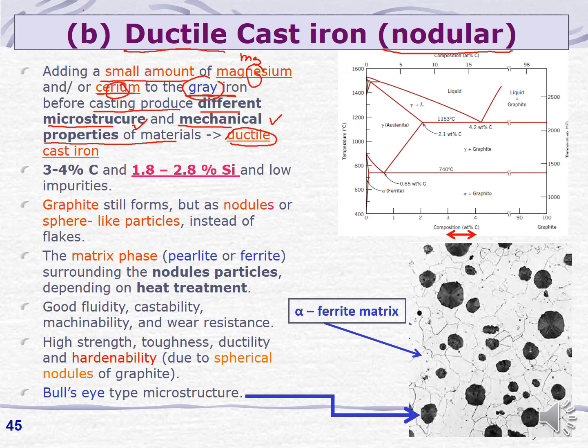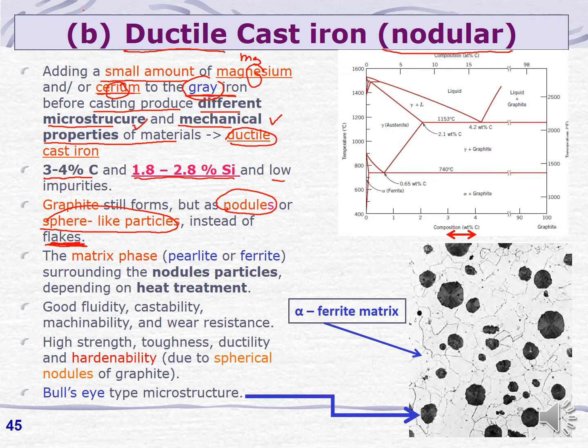This ductile cast iron has 3 to 4% carbon, 1.8 to 2.8% silicon, and low impurities. Graphite still forms in this type of cast iron, but as nodules, or sphere-like particles, instead of flakes as in grey cast iron.